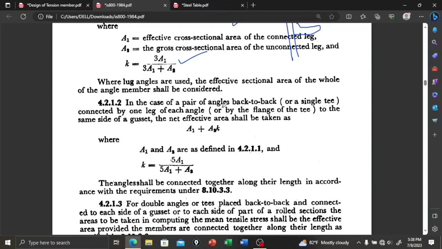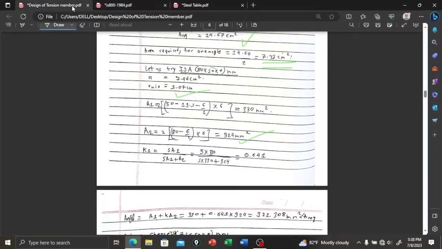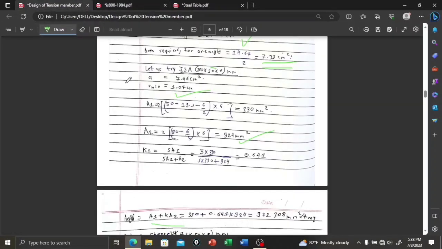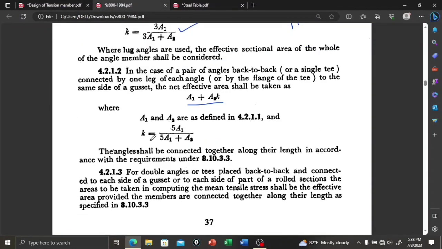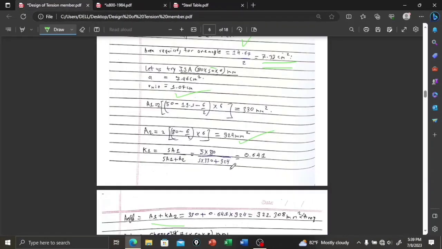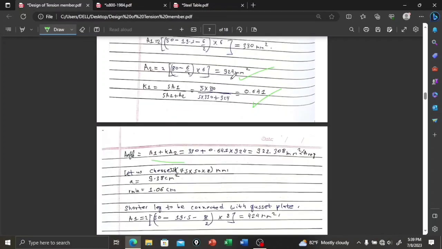In case of pair of angles back to back, or single T connected by one leg on each angle or the flange of T to the same side of gusset plate, the net effective area is A1 plus A2K. A1 plus A2K, and K is 5A1 divided by 5A1 plus A2. It is 0.641, and A1 is 330, K is 0.641, and A2 is 924.